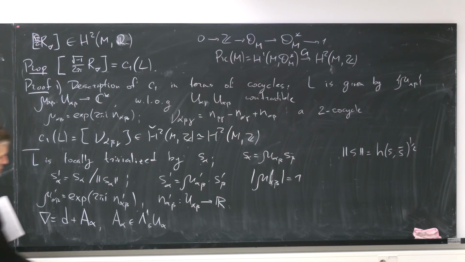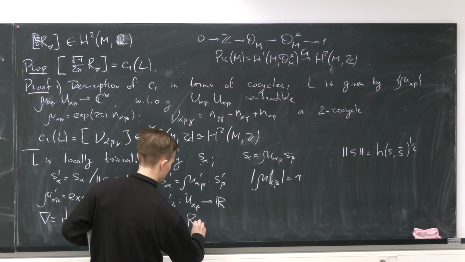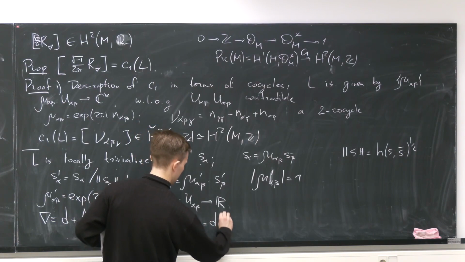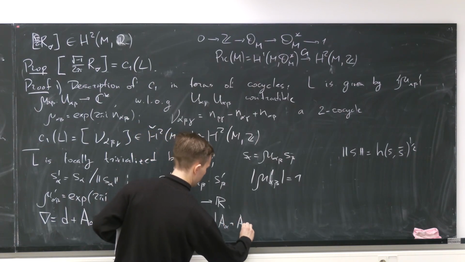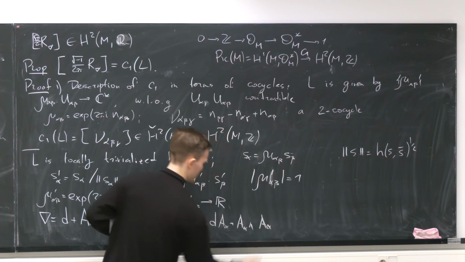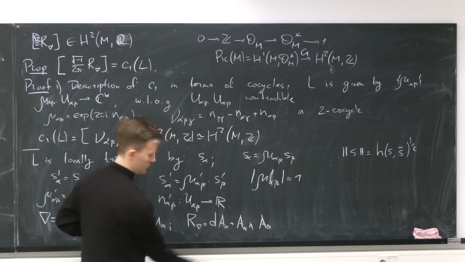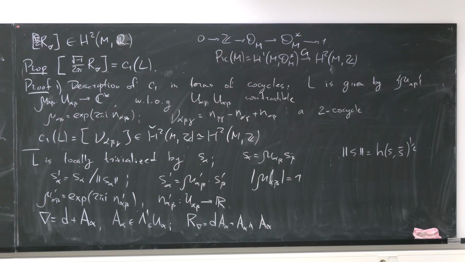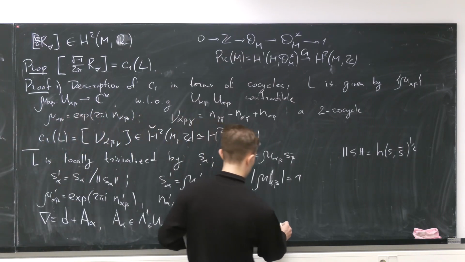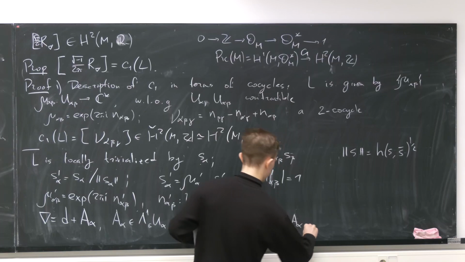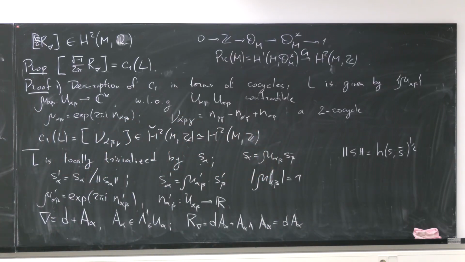And the curvature of nabla is dA alpha plus A alpha wedge A alpha. But this wedge product is zero because it's a one form. It's not a matrix of one forms now, it's just a one form. So this is just the differential of this one form.